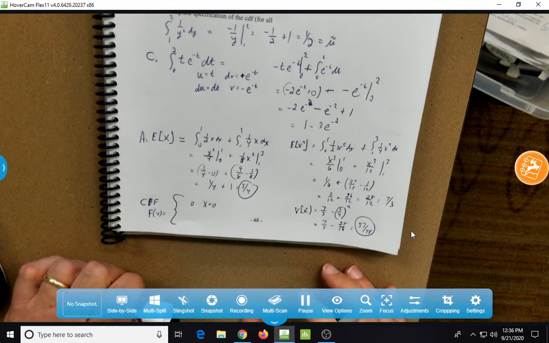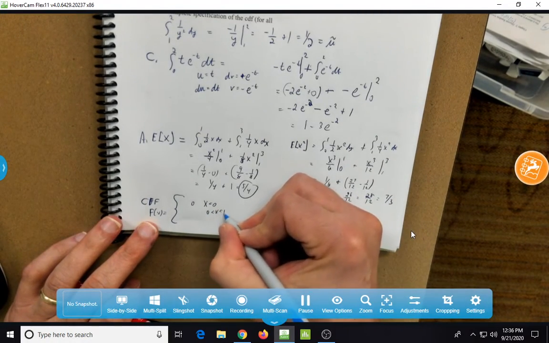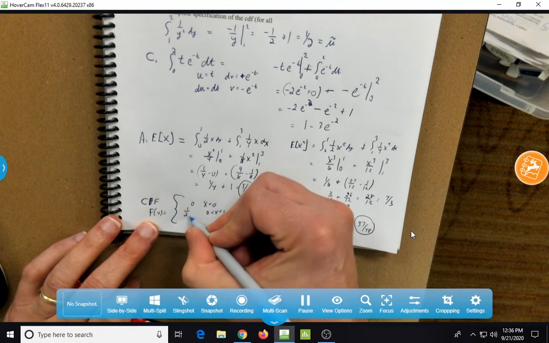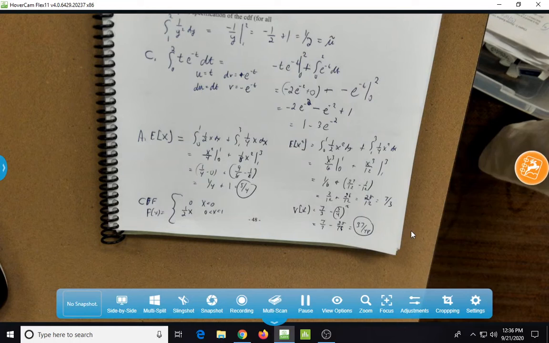I get 0 if x is less than 0. From 0 to 1, I get 1/2 x, because that's the antiderivative of 1/2.